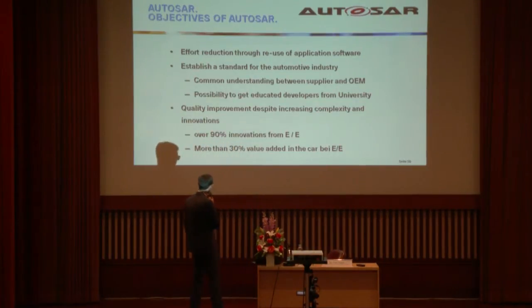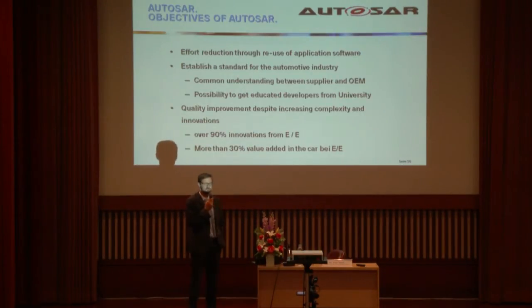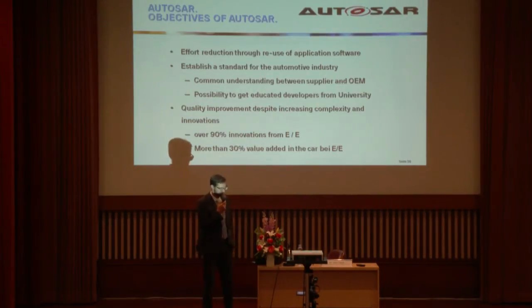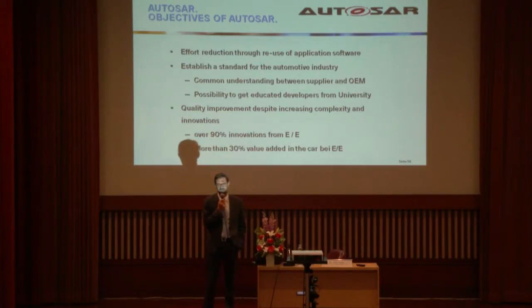And this is one thing, and the other is, of course, as Markus already mentioned, that more than 90% of the innovations are from software and electronics, and on average, more than 30% of value added inside the car is also software or electronics.